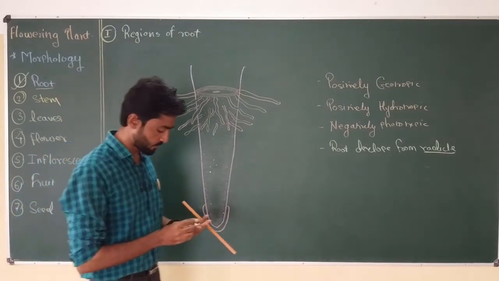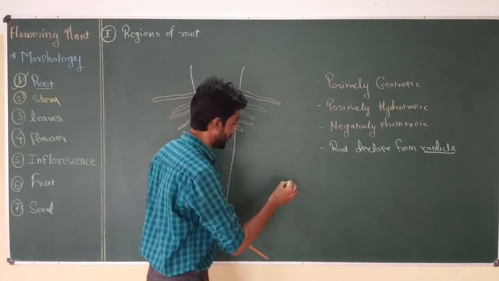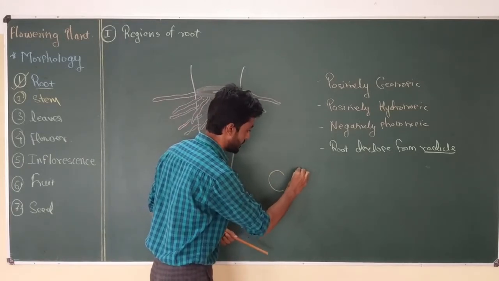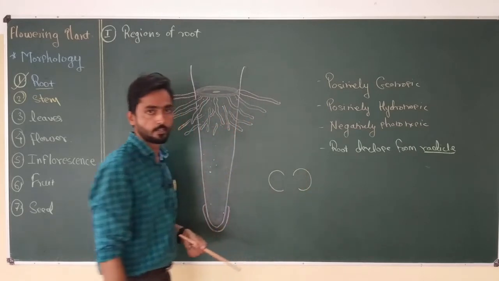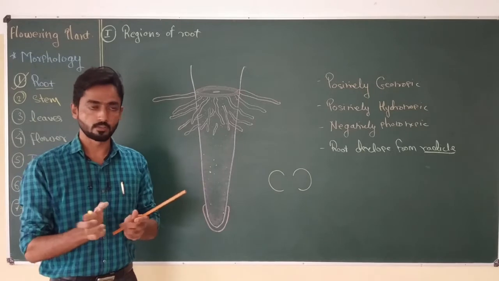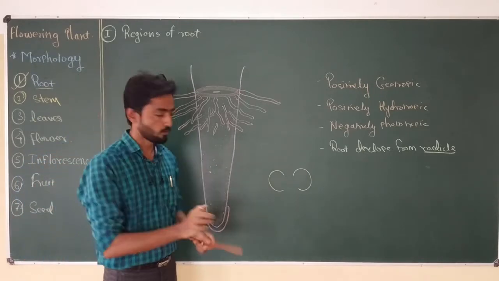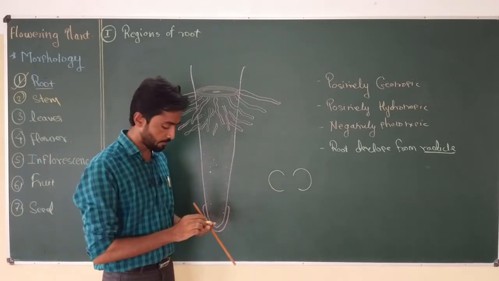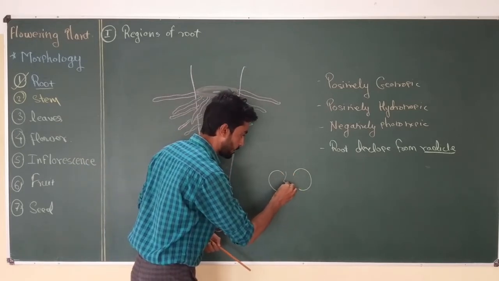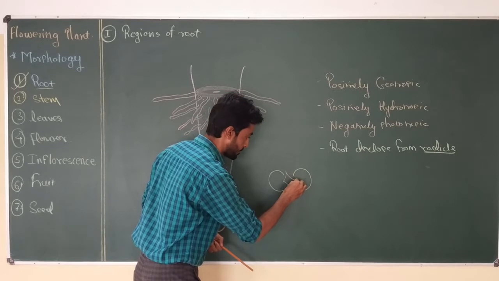If we draw a structure of seed, suppose this is the first cotyledon of a dicot seed and this is the second cotyledon. As in case of dicot, the seed has two cotyledons, and if we break open the seed, it is going to look like this. And in the middle portion of the seed, the two cotyledons are connected with a thin band.